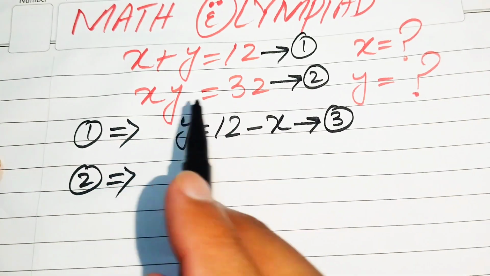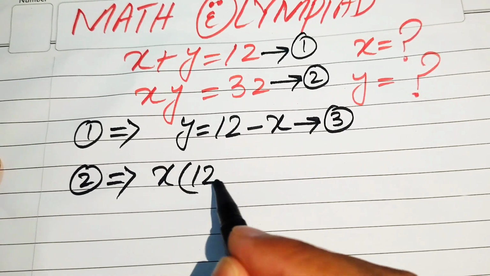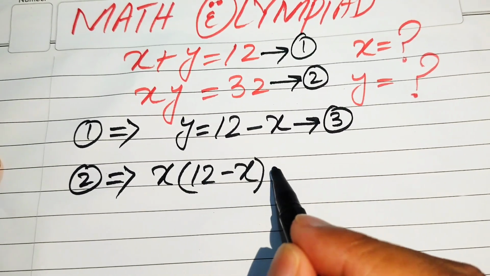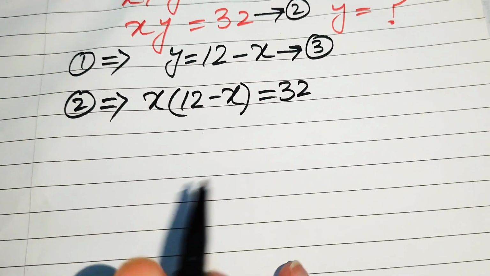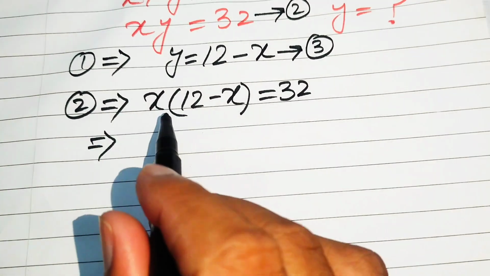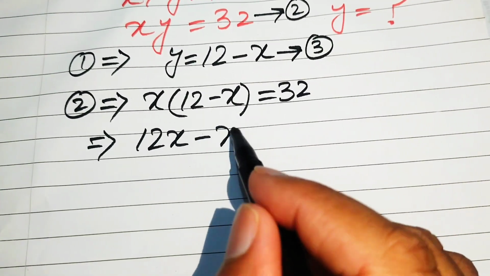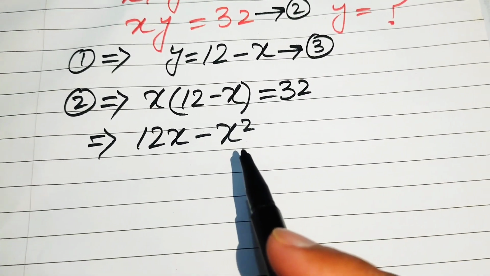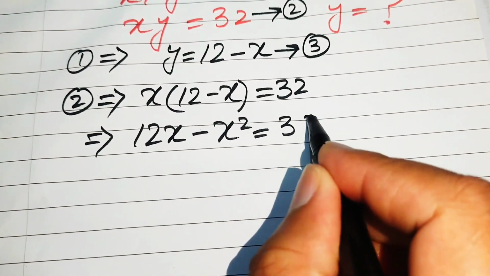that xy equals 32, and here we have the value of y, 12 minus x, equals 32. And now in the next step, here we multiply this x on both of these two terms, and it will be written as 12x minus x square equals 32.